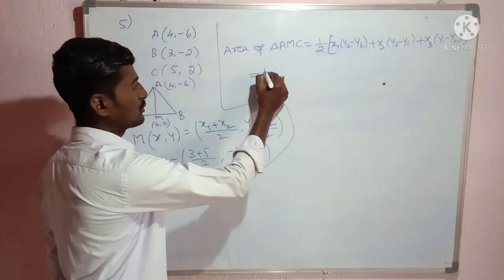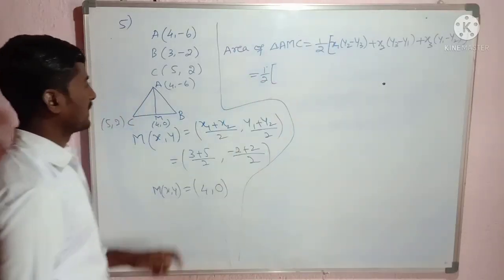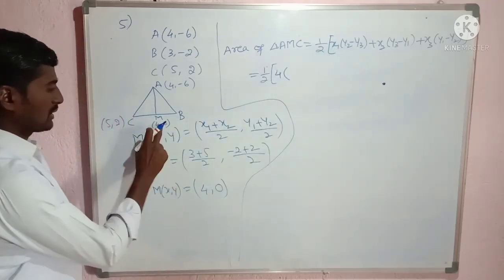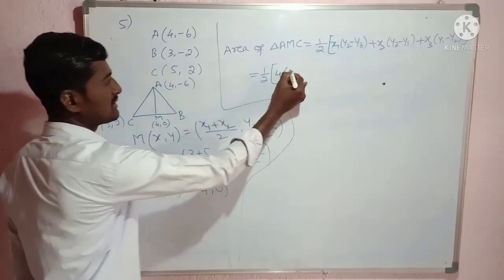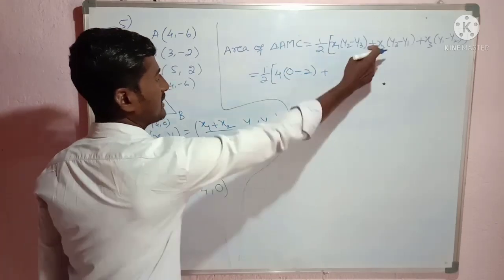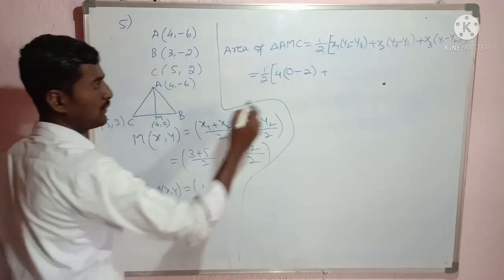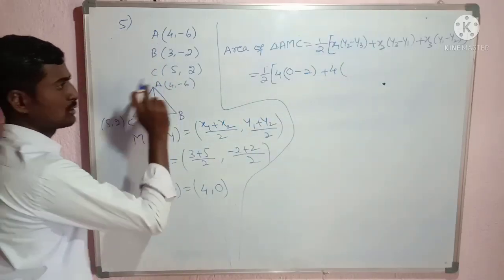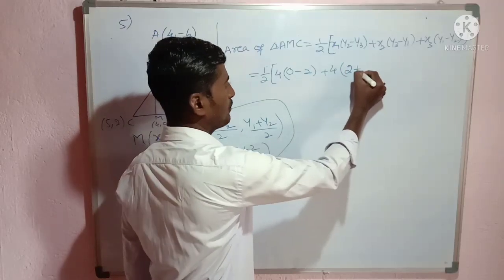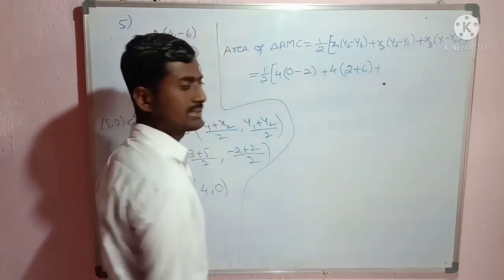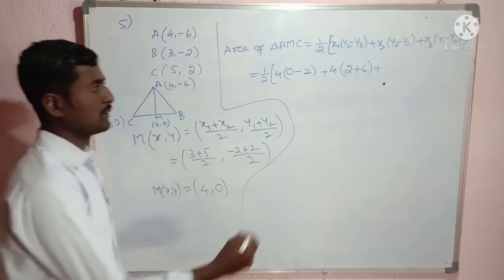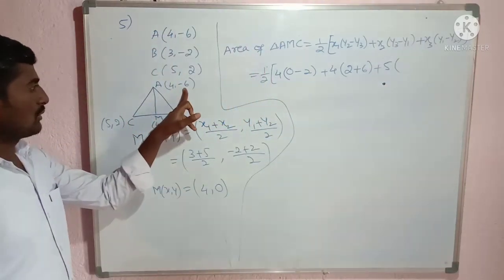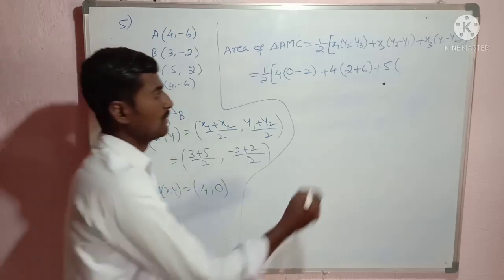Now substitute the values: 1 by 2 into x1, which is 4, into (y2 minus y3), where y2 is 0 and y3 is 2, so 0 minus 2, plus x2, which is 4, into (y3 minus y1), that is 2 minus (minus 6), 2 plus 6, plus x3, which is 5, into (y1 minus y2), that is minus 6 minus 0.